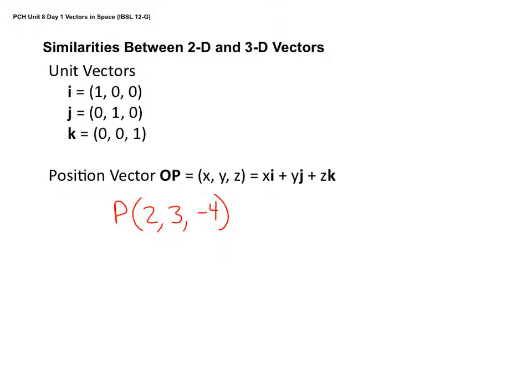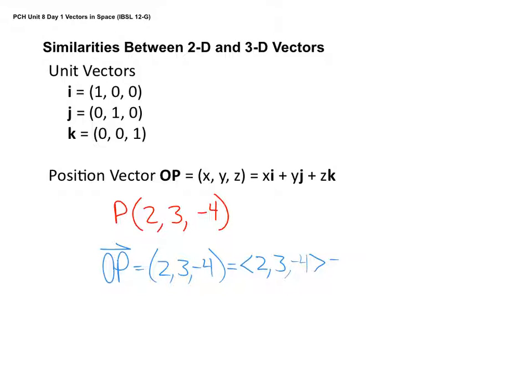Another thing is, remember we said you could write any point as a position vector from the origin? Okay, so I could write this point P as a position vector OP, and I could make it with the parentheses, just the way you see it. But the other types of notation also work in 3D. So we could use the angled brackets, 2, 3, and -4.